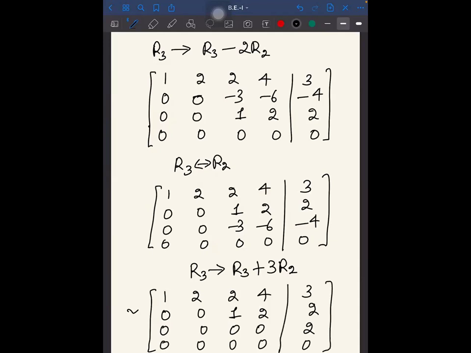Now, if you look at the whole matrix, that means the augmented matrix, right? Then the rank of this matrix would be what? 3. But if you look at this part only, then rank is 2.